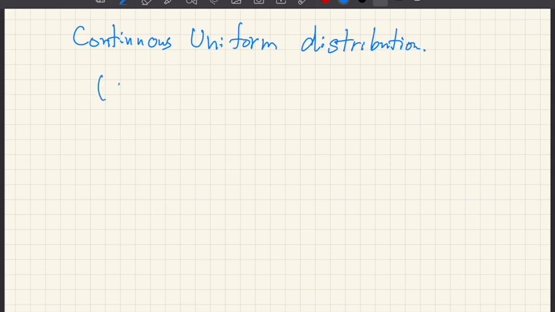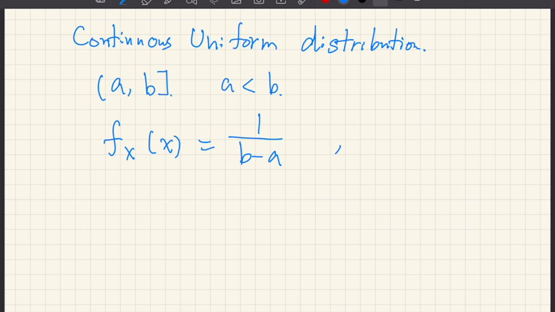So let's consider an interval from A to B. Of course, we assume A is strictly less than B. Then the continuous uniform distribution is defined by this density function, 1 over B minus A, where x is in this interval.